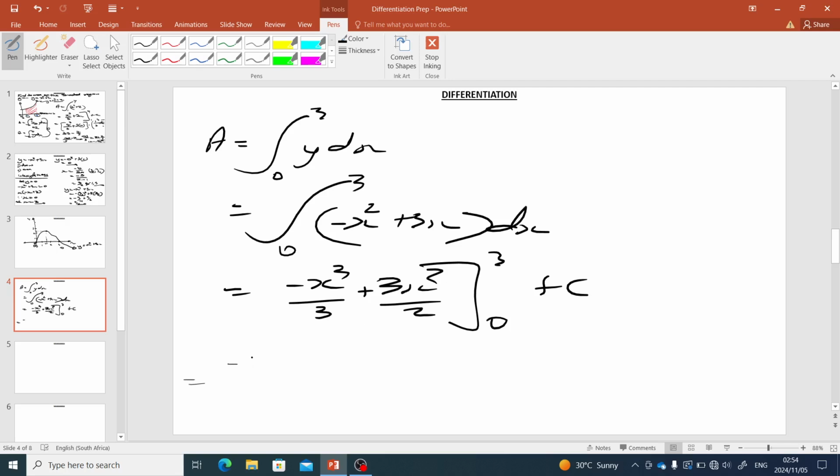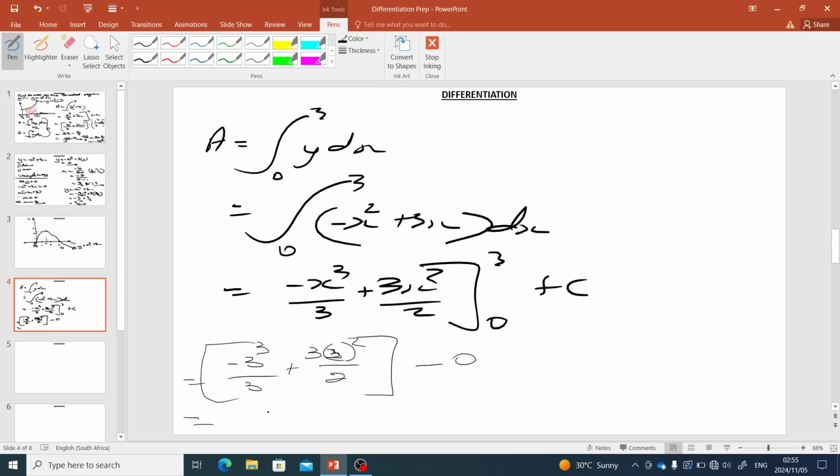It will be minus 3 cubed divided by 3 plus 3 multiplied by 3 squared divided by 2, minus, then where there's x we can substitute it with 0. Then this side we know that everything would be 0 minus 0.